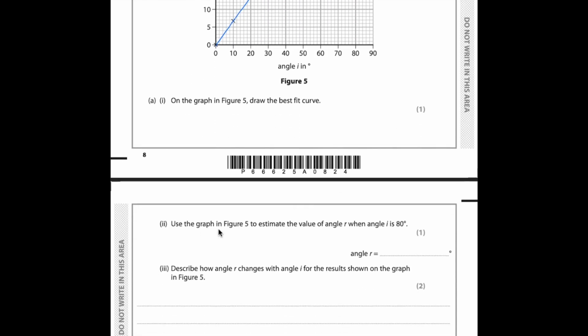Part 2. Use the graph in figure 5 to estimate the value of angle R when angle I is 80.